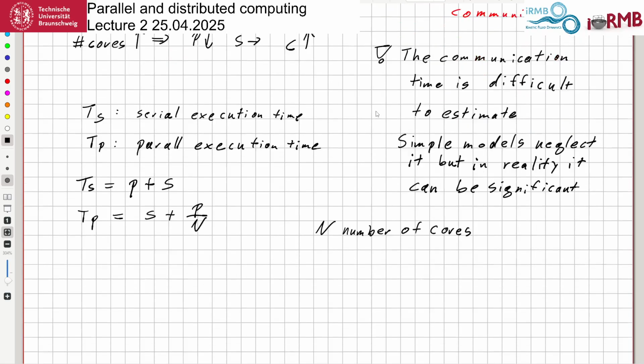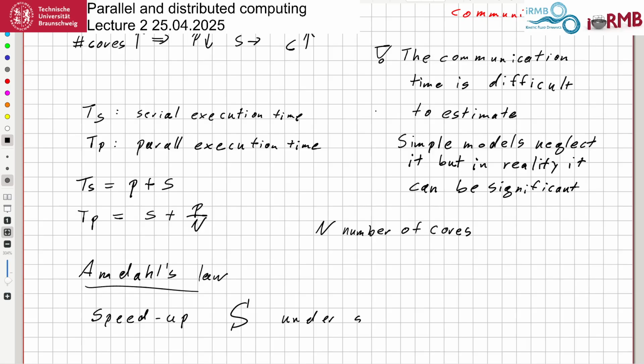And then there is a law on how much speed up you can get from this. This is Amdahl's law. We are interested in the speed up, and we call the speed up S. Because we already used S, the other one is supposed to be a small s, and this is supposed to be a large S. Speed up under strong scaling.